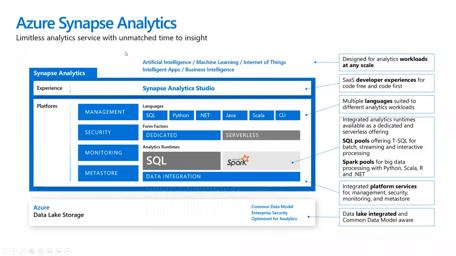Here is a high-level description of what Synapse Analytics is. The most important thing you should take from this is that you're going to have SQL pools and Spark pools. Those concepts are very recurrent within this course, because that allows you to build what we call a data warehouse.